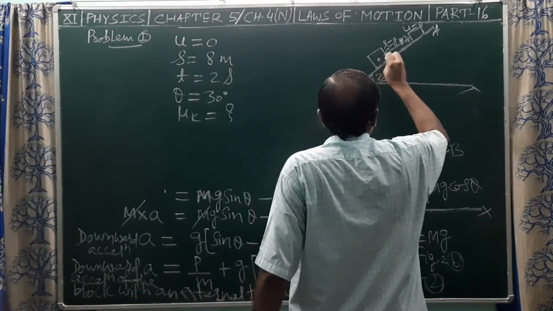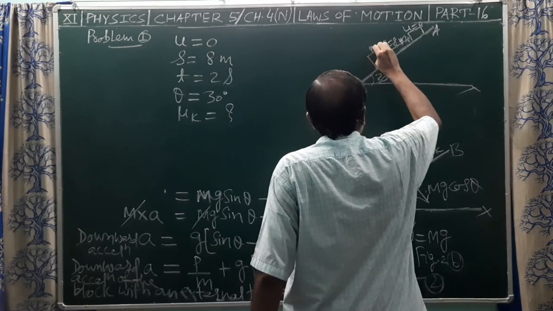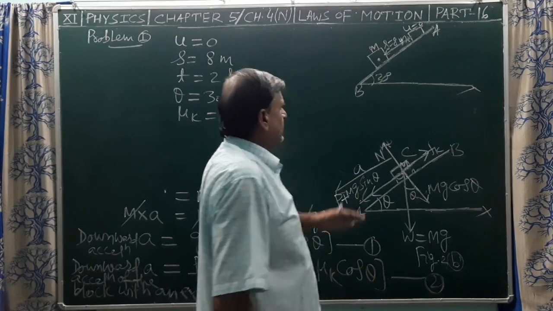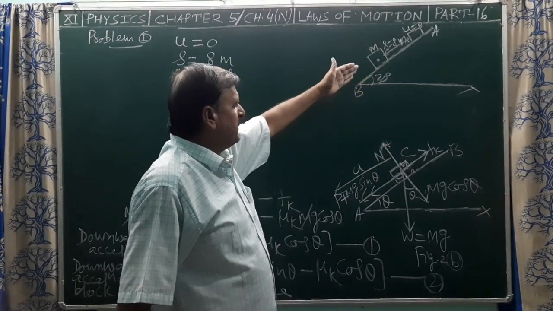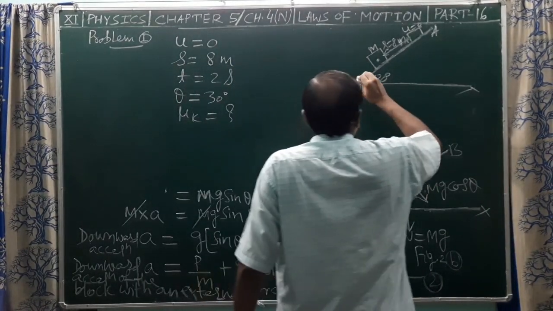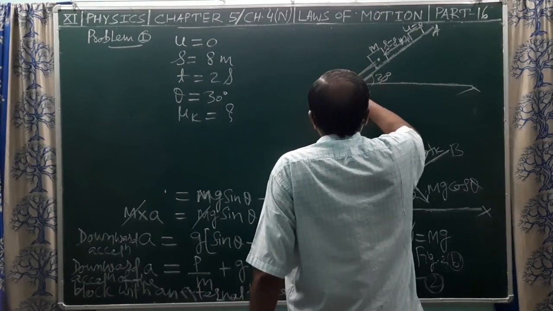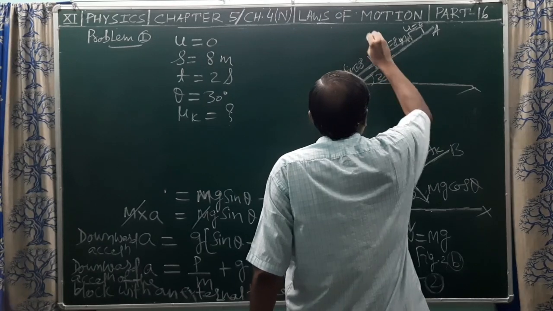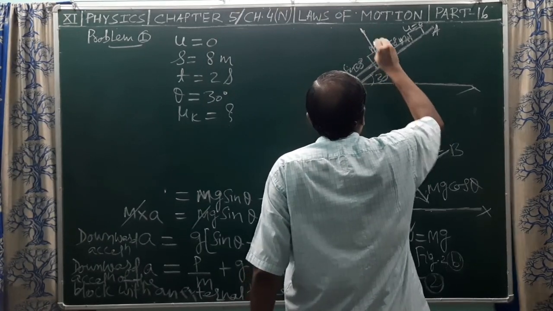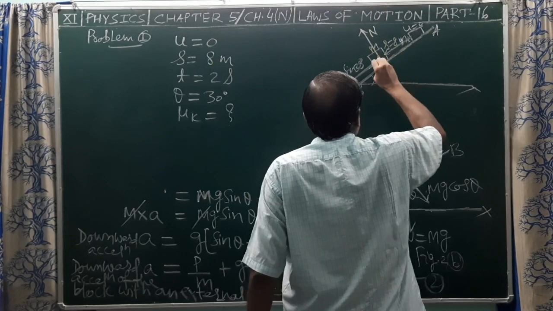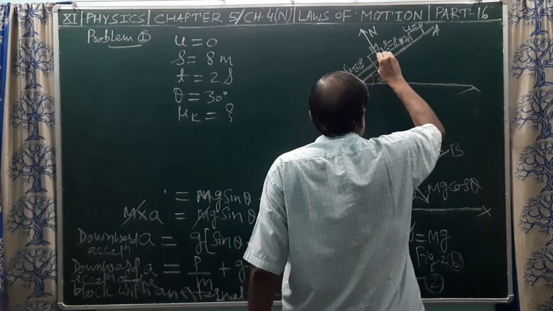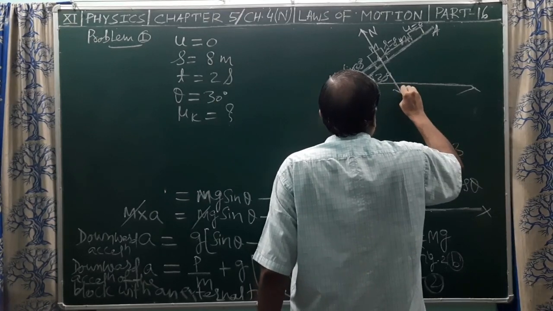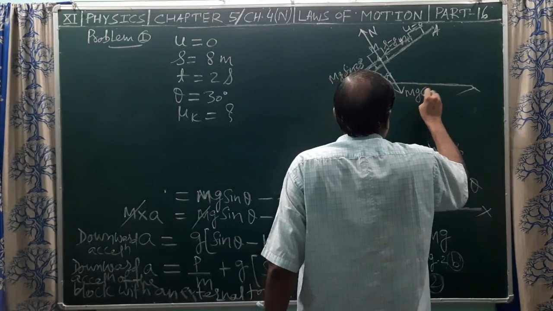Suppose block of mass m slides down itself without any external force. So component of weight, mg sin theta, will act downward, that is mg sin 30, and normal reaction of the inclined surface N balances the another component of weight, mg cos theta, that is mg cos 30.